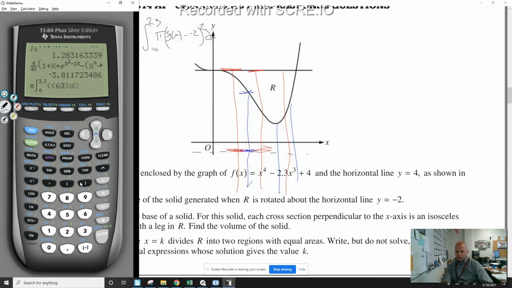So that's 6 squared, that's 36, minus my inner r's, the function, x to the 4th minus 2.3 x cubed plus 4, minus -2, that's adding 2, squared, don't forget that. So 98.867.